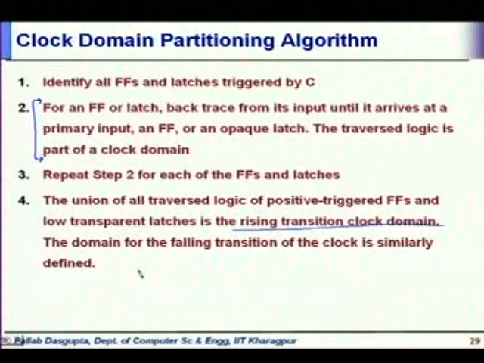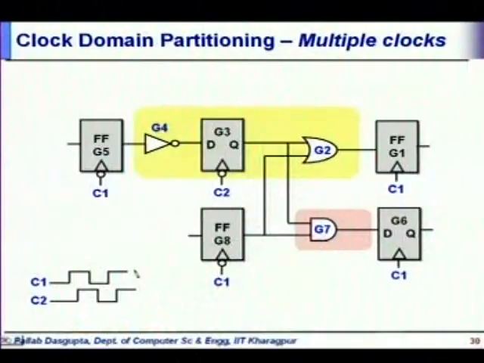Right. So, let us take an example which is going to make this more clear. Here is an example where you see that these FFs are the flip flops and C1, C2 are the two clocks. G3, G6 are two latches, and G2, G4, G7 are logic gates.